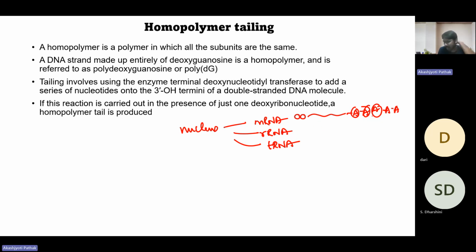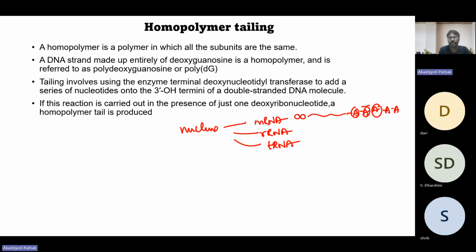So this poly A tail is only present in mRNA. So if you want to purify the mRNA from your RNA population, then you can use an oligo-dT column.